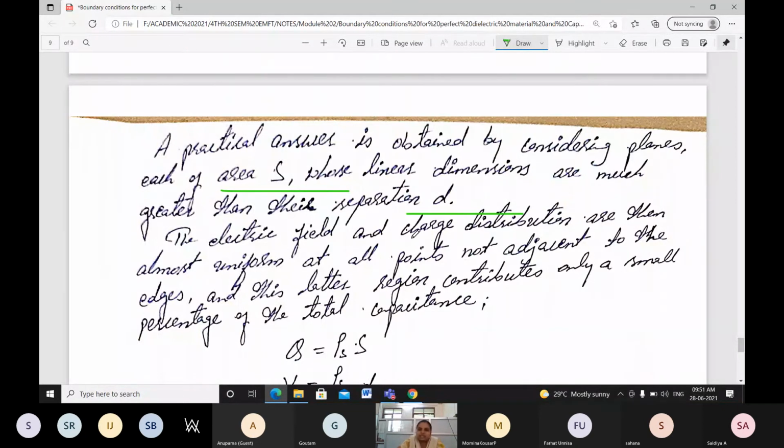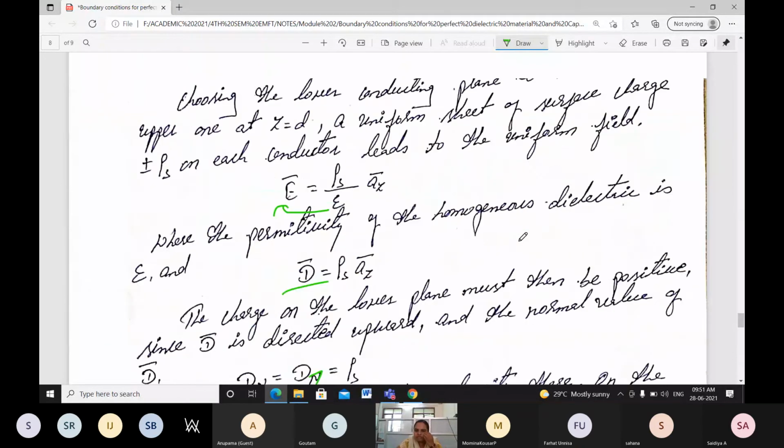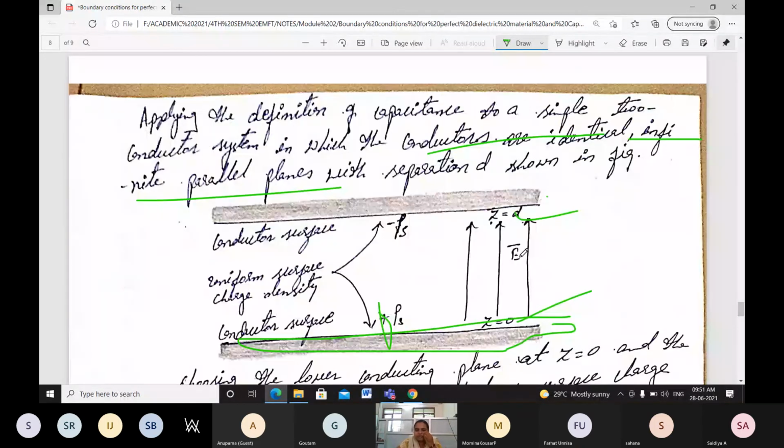Then the electric field and the charge distribution are almost uniform at all points not adjacent to the edges, and the edge points are not considered here.